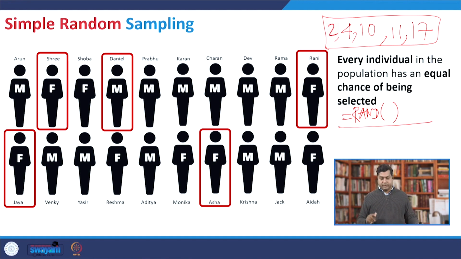You stand in a particular position and observe that this is passenger number 1. I will not select based on this random number. Passenger number 2 I will approach and select, then allow another person to go, and then approach the 4th one. Like that, you just follow it. Whatever random numbers you have generated, you follow them to pick up the sample.